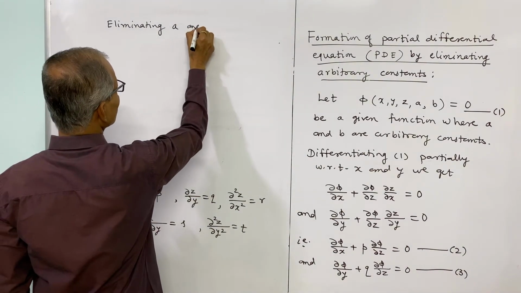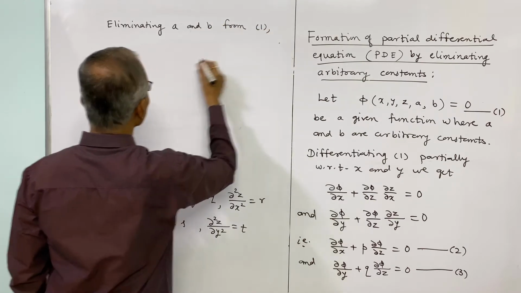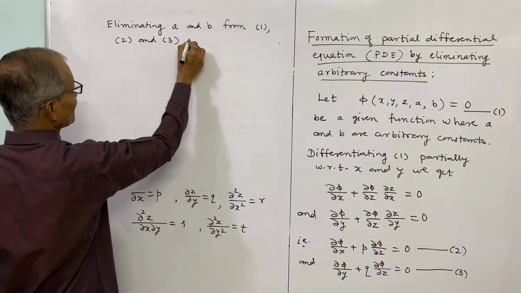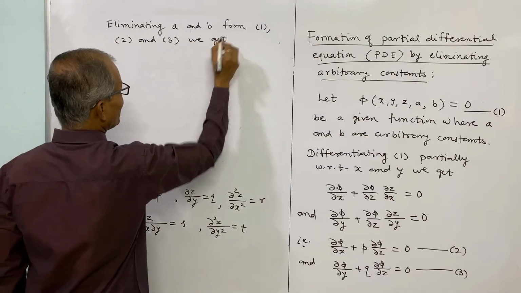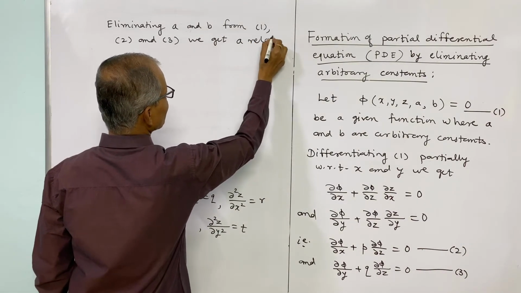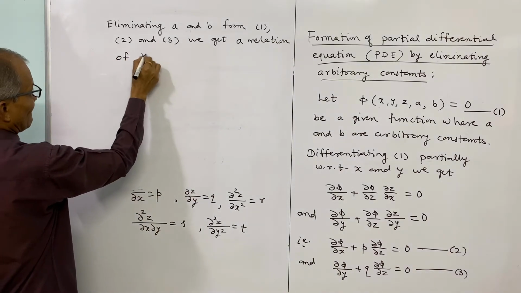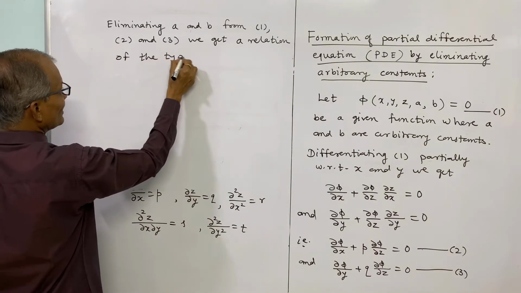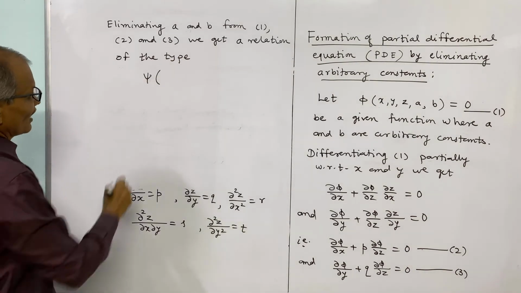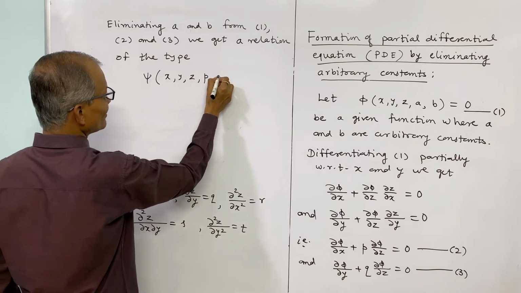Eliminating a and b from 1, 2 and 3, we get a relation of the type psi of x, y, z, p and q equal to 0.